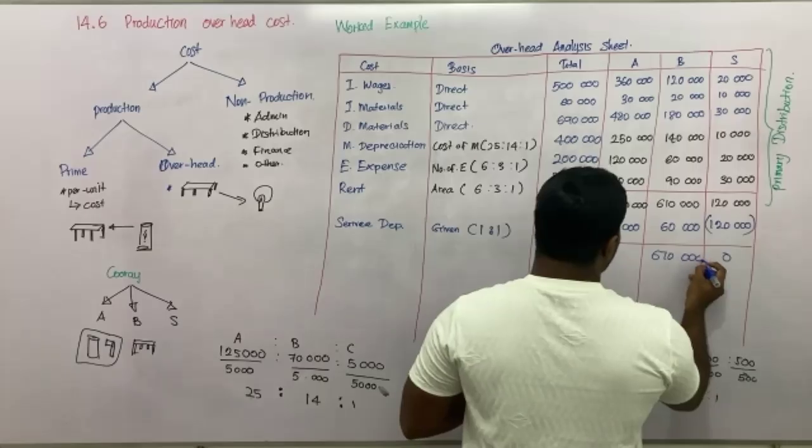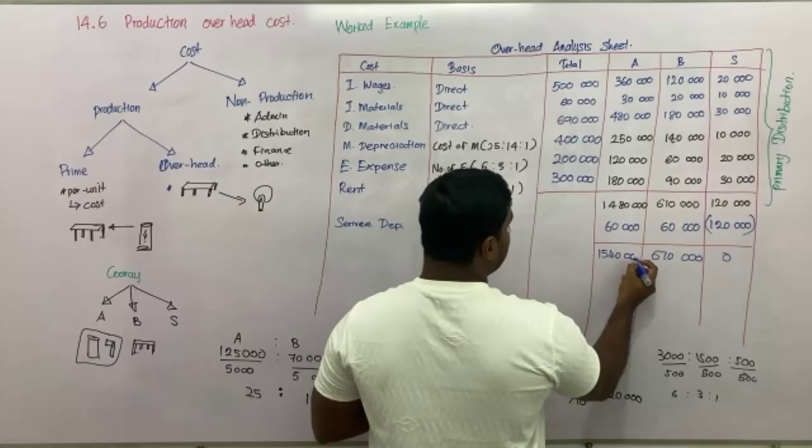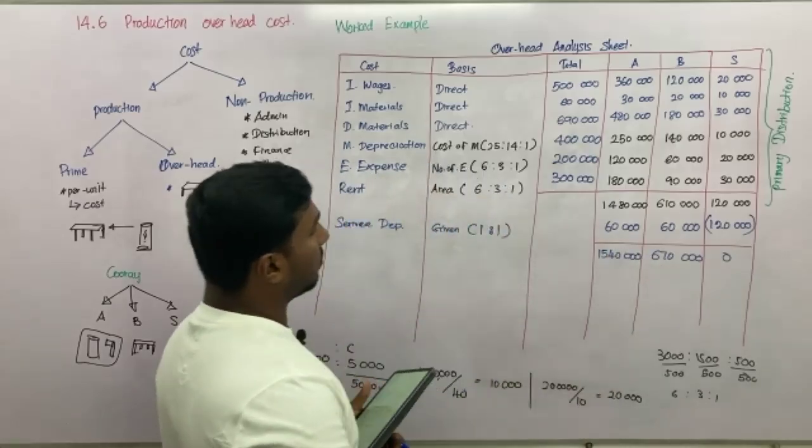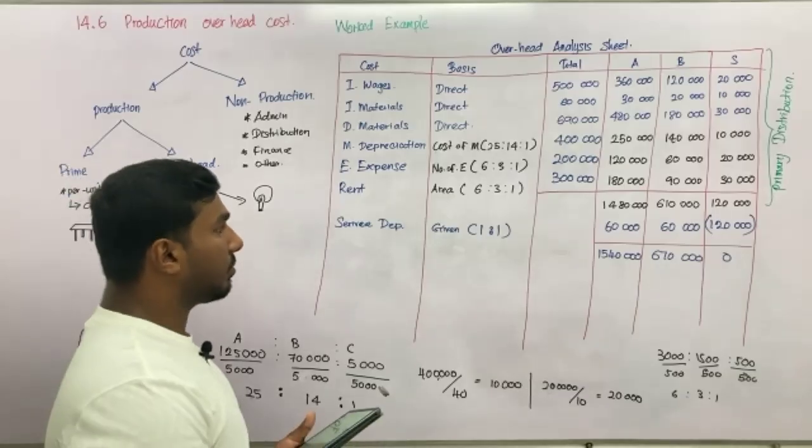670,000 and 1,540,000. Okay, so that will be the total numbers.